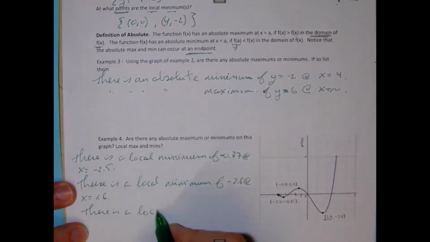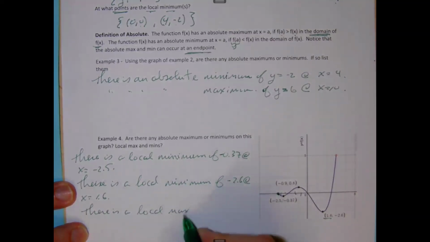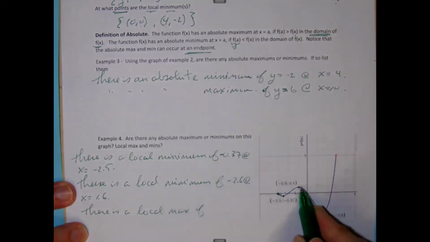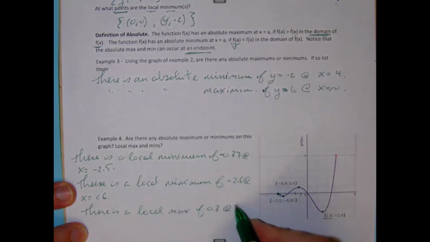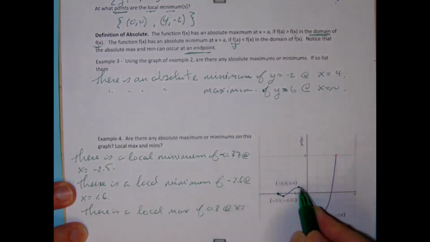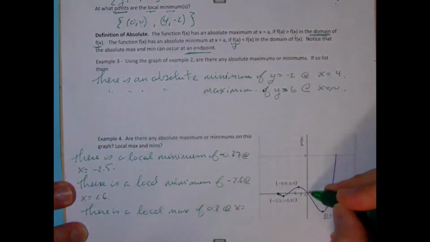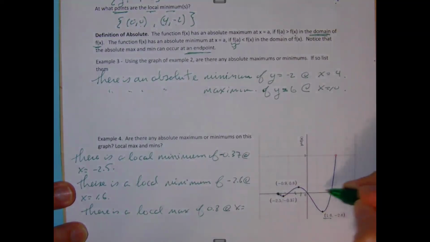Fantastic. Then here, look right around this little interval, there is a local maximum. So there is a local max of what is the local max? 0.8 at x equals, so 1, 2, 3, 4.